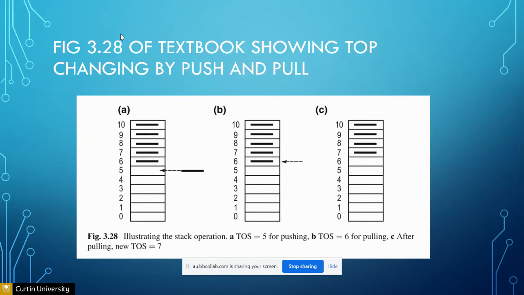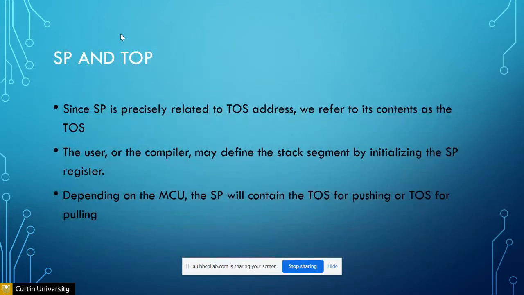This information will be passed to the stack pointer. Since the stack pointer is precisely related to the top of stack, we refer to its content as top of stack. No problem. Okay, so the stack pointer is basically a volatile register that stores the top of stack. It's as easily defined as that. The user or the compiler may define the stack segment by initializing the stack register.